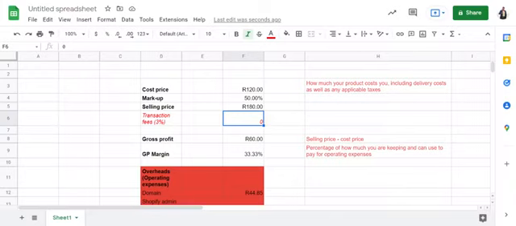For example, let's say you're selling on a website and people are paying you through PayFast or Paystack or whatever, then obviously those channels are going to keep about 3% of that money. So you need to add this transaction cost as part of your costing, because basically what you're going to add is the 3% of the 120 as part of your cost price.